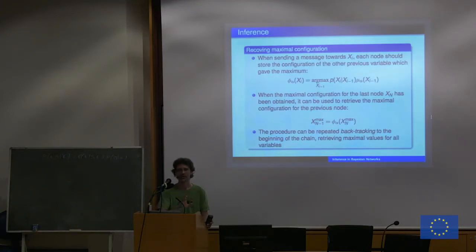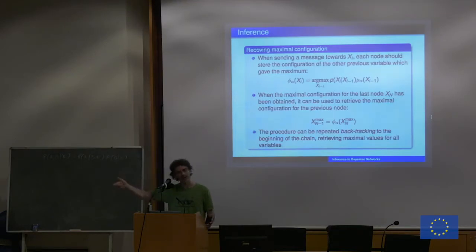If the destination is rainy false, the most probable configuration for the previous variable is that it was not cloudy, and the probability is whatever, 0.2. So you have to send two types of messages. One message that says rainy true, 0.3, rainy false, 0.2. And another message which is rainy true, cloudy true, rainy false, cloudy false.